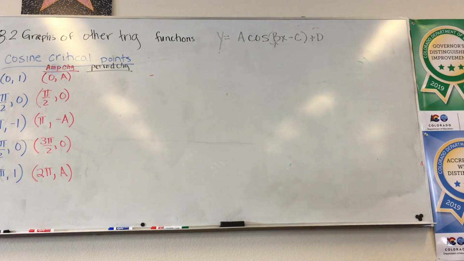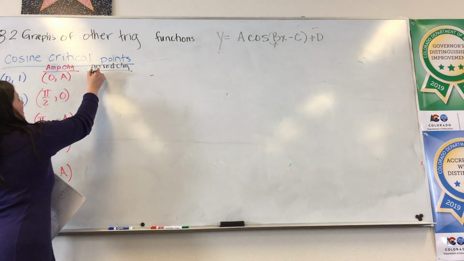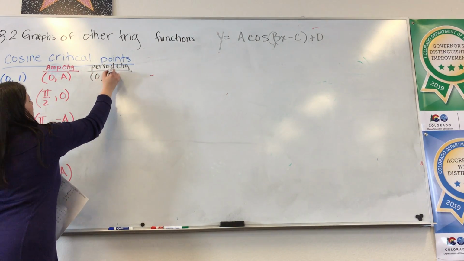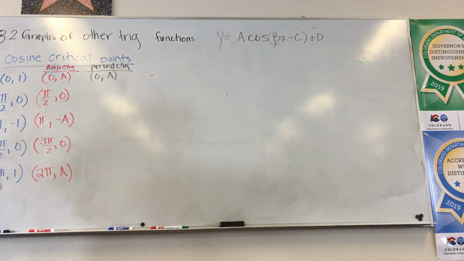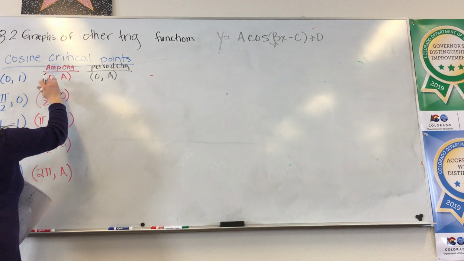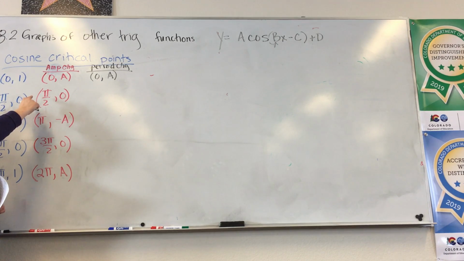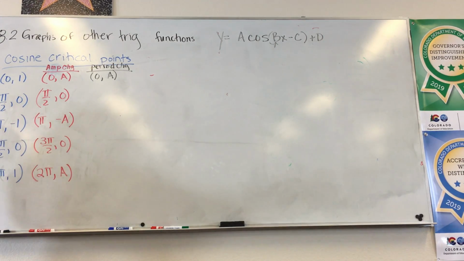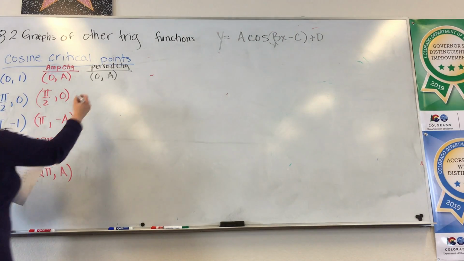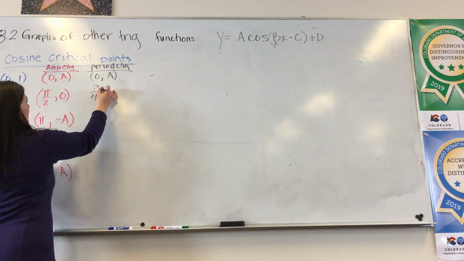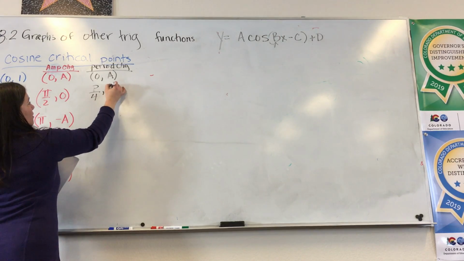So this one does not change, because remember the period still starts at 0 and either stretches out farther or shrinks in closer. So the amplitude is still the amplitude, the period still starts at 0. But now I need 1/4 of the period, so I need the period divided by 4, and that's going to be a 0.